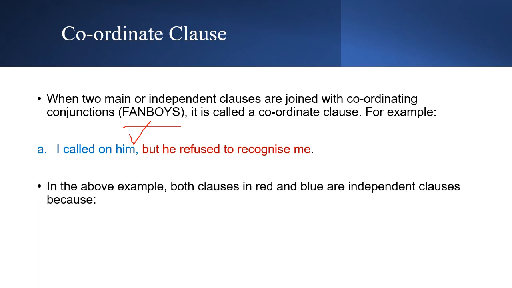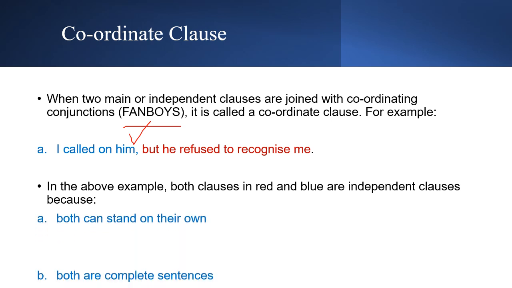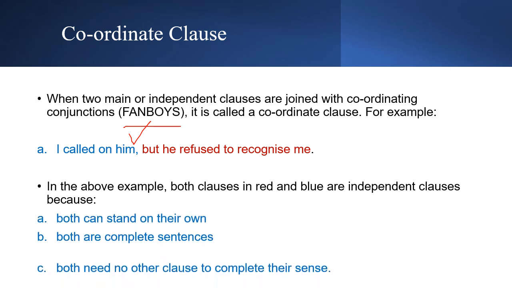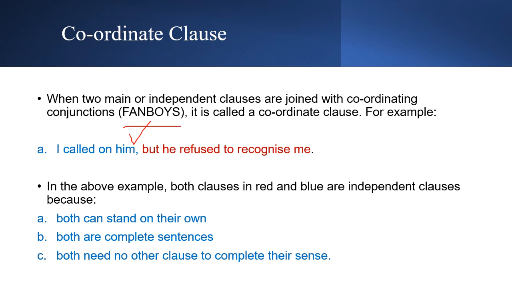Now, in the above example, both clauses in red and blue are independent clauses because both can stand on their own, both are complete sentences, and both need no other clause to complete. For example, here it starts with but, and it has got complete information: he refused to recognize me. And I called on him. This one has a pronoun and this one has a pronoun in the same way.